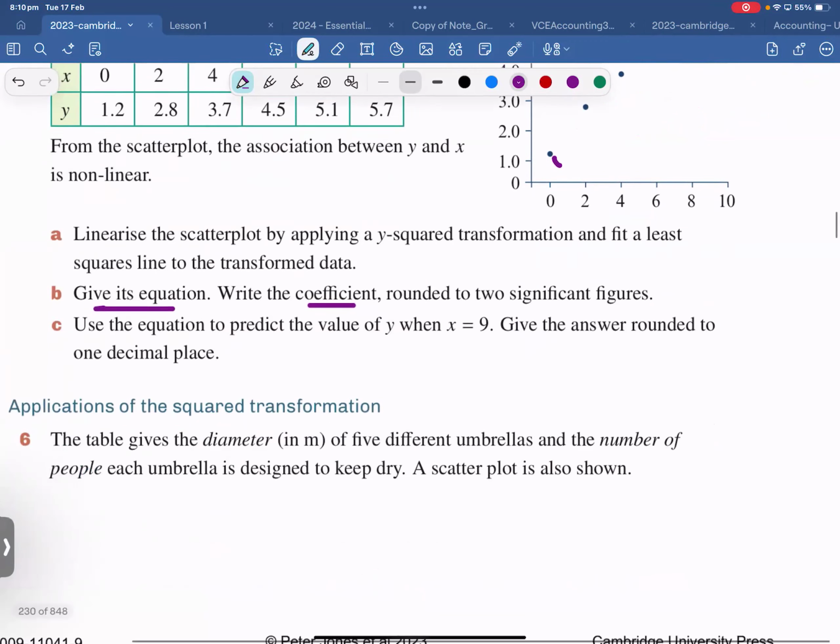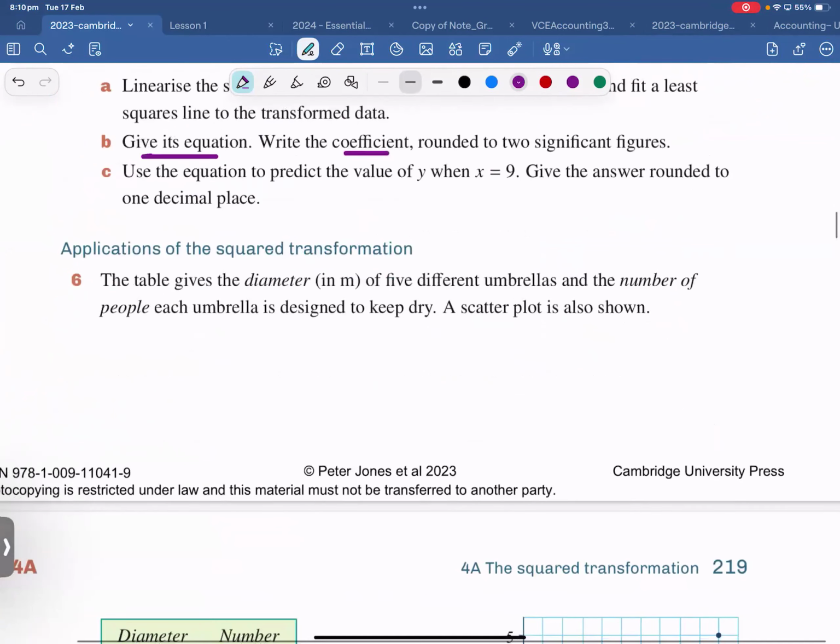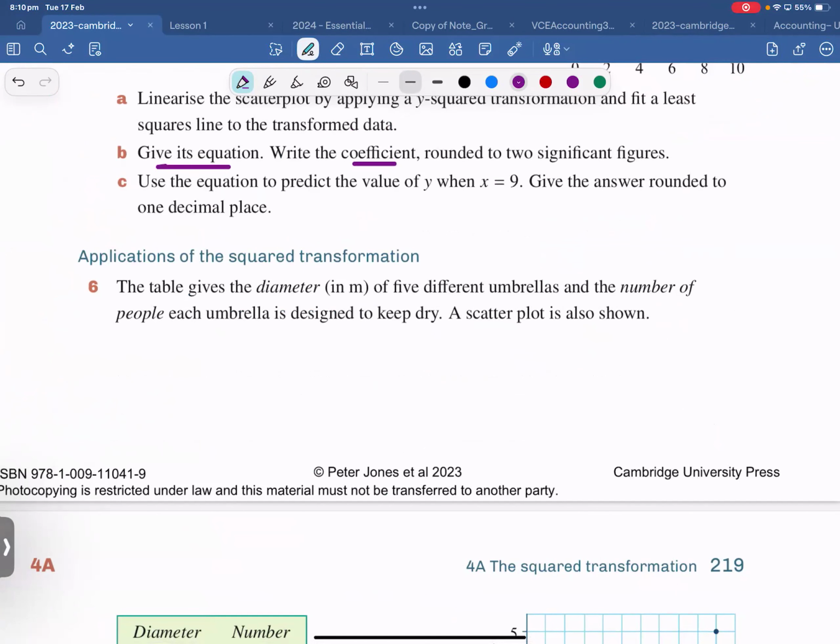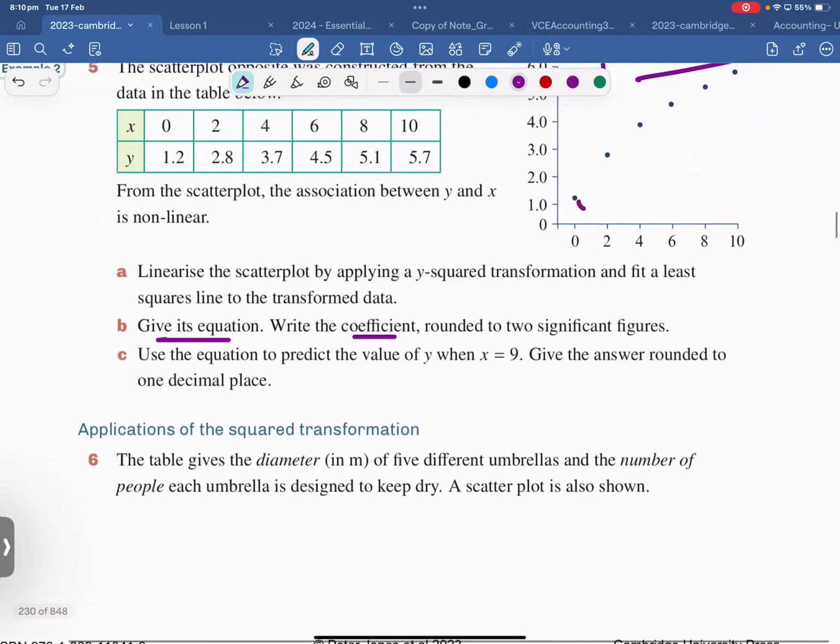Okay, guys, then part C. Use the equation to predict the value of y when x equals 9. 5.4.